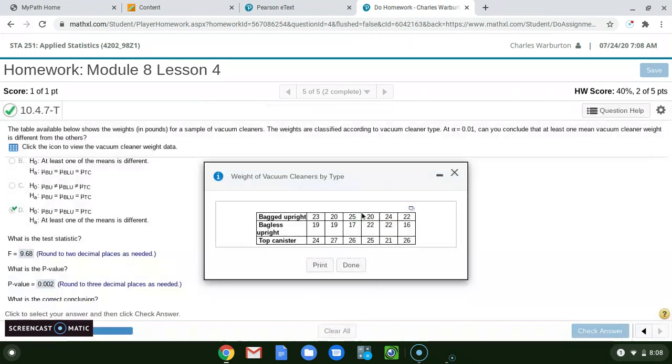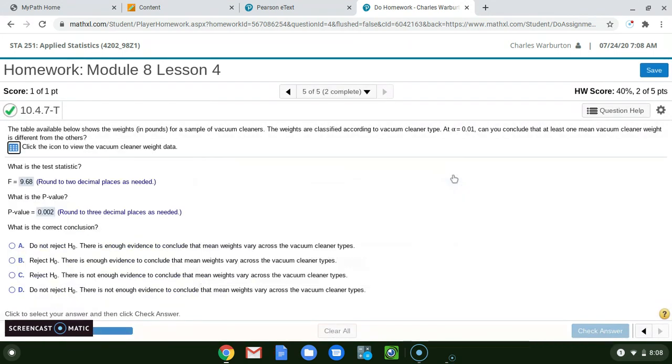Okay, so what we can do is use the p-value. And remember, the p-value can be compared with the alpha value. If the p-value is less than alpha, well, what do we do? We reject the null hypothesis. So it's up to these two. This one says, reject the null hypothesis.